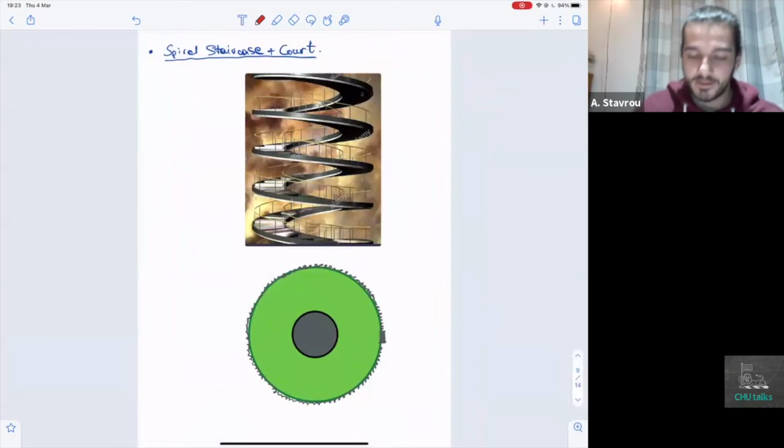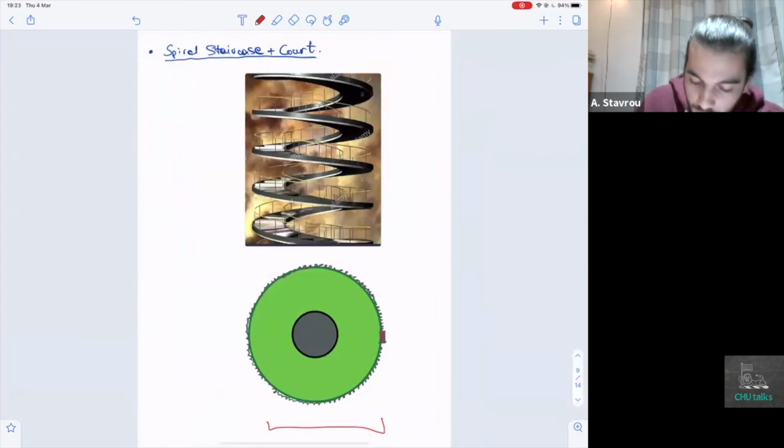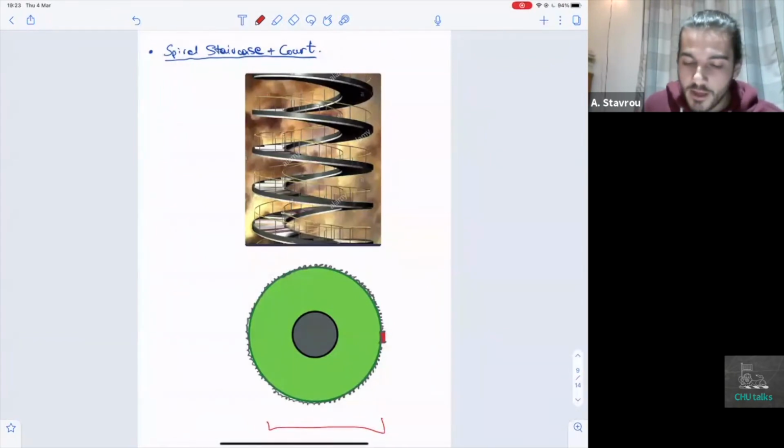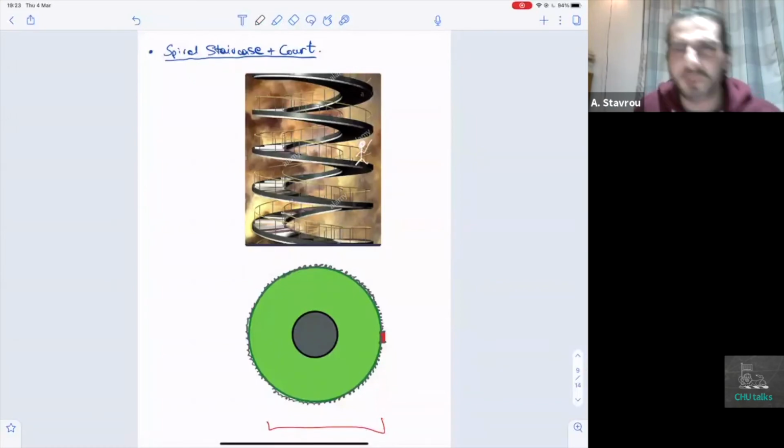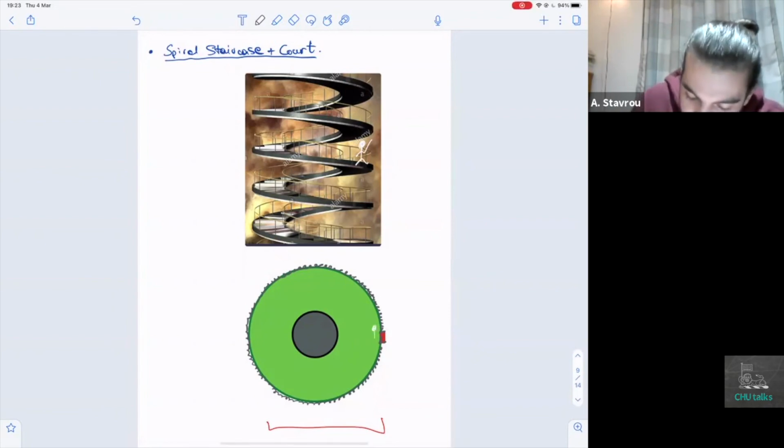Let's put this staircase and this court, whose entrance I've drawn on the right this time, and imagine that we've got 2 people. Let's draw one guy here greeting us. Let me make him white, that will be more visible. He looks like he's holding a sword, right? And let's put another guy here.